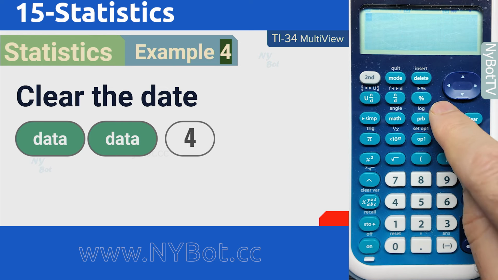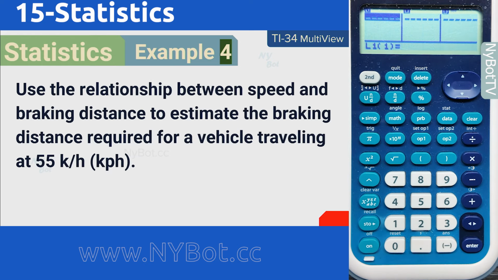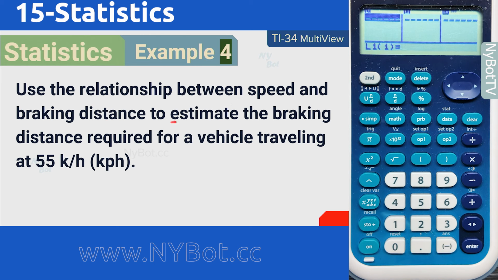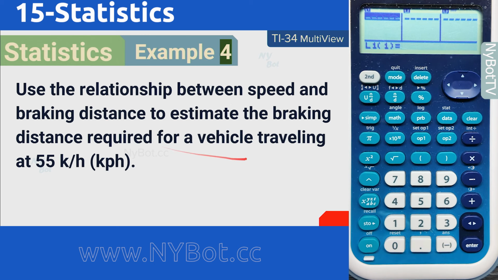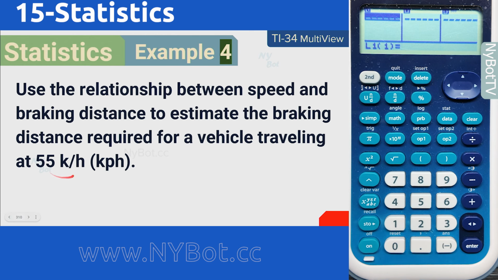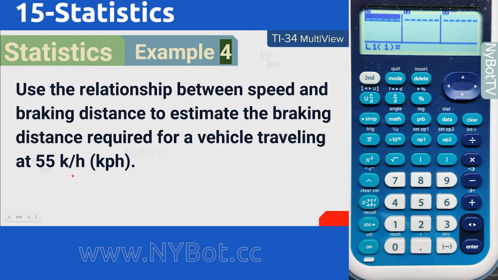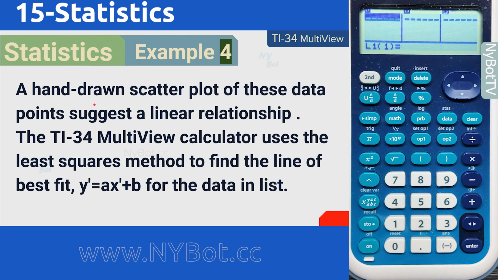Let's clear the data, and 4, and use the relationship between the speed and braking distance to estimate the braking distance required for a vehicle traveling at 55 km per hour. Now, the hand-drawn scatter plot of these data points suggests a linear relationship.